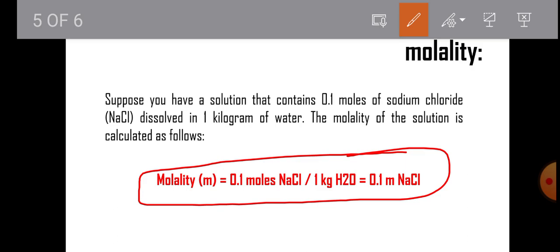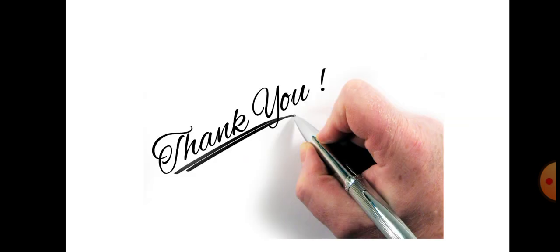So here the mole quantity is 0.1, and the solvent is given in kilograms. So 0.1 mole of sodium chloride in 1 kilogram of solvent gives 0.1 molal sodium chloride. So now I hope that you can understand what is molality.